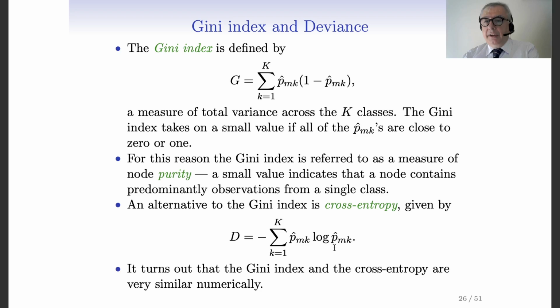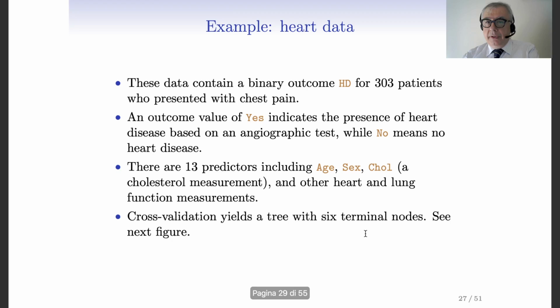So you can refer to one of these two indexes when you are growing your tree, and we illustrate the use of trees for classification by some data. These are heart data. They contain a binary response, a binary outcome, heart disease, whether the subject has a heart disease or not, for 303 patients that had chest pain, okay?